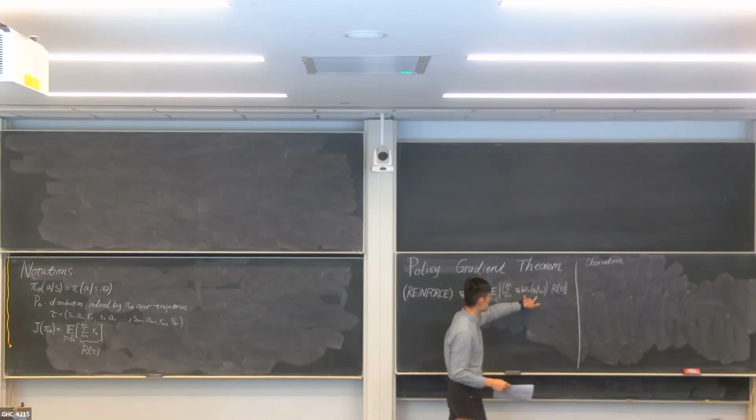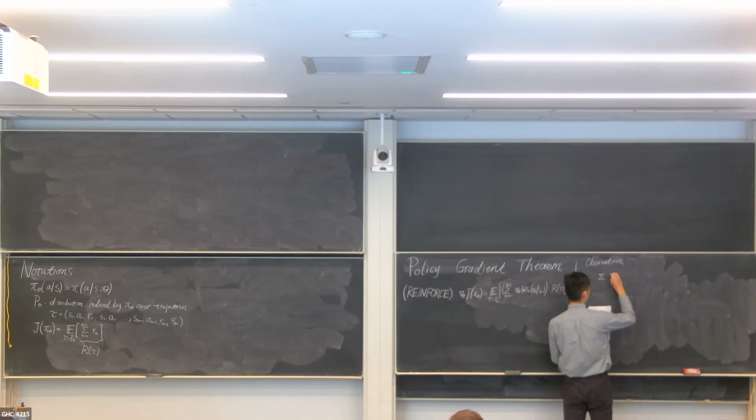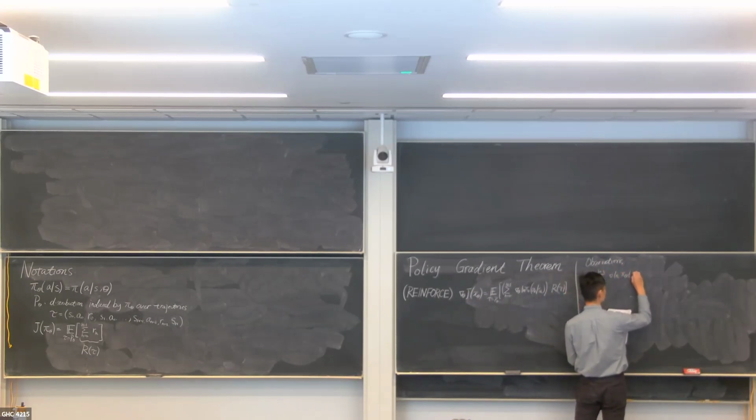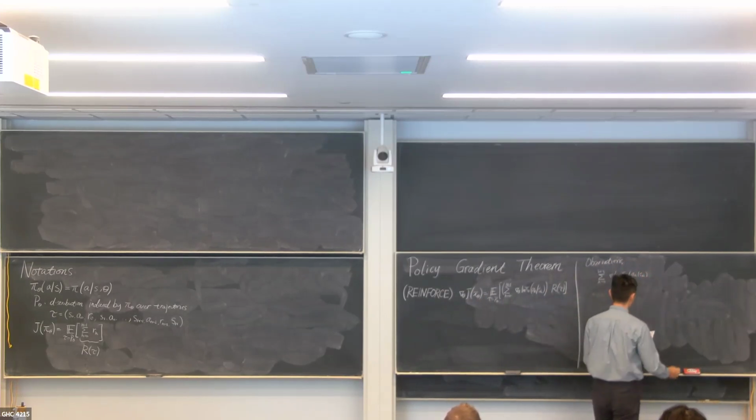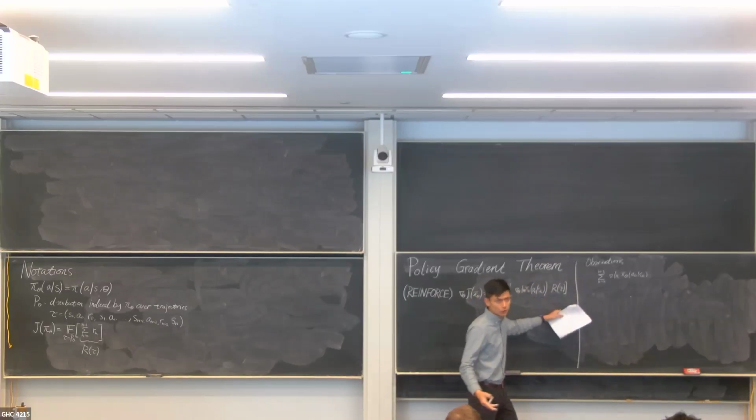Okay, so what is this product really doing? I'm going to just write it out with a slight simplification of notation. What is capital R, the total reward?